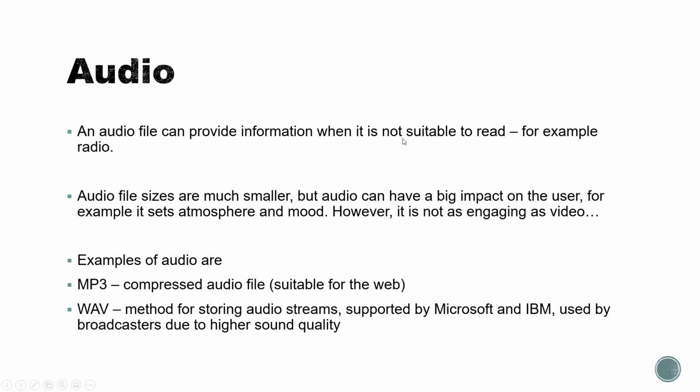Audio files, you don't actually find audio files that frequently on the web, but there are some examples here, such as an MP3 file, which was very common a few years back, where the compressed audio made it very easy to acquire MP3s, because they weren't very big.